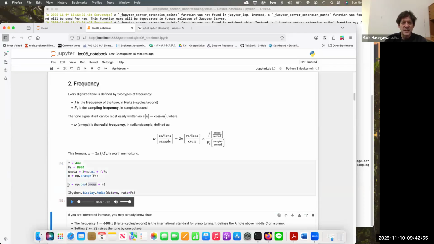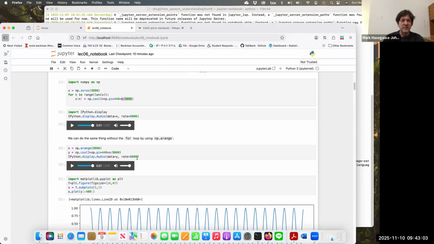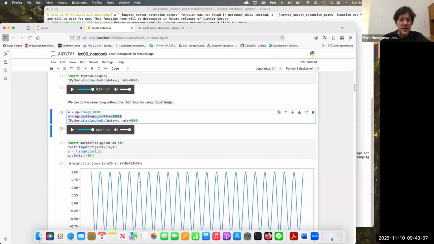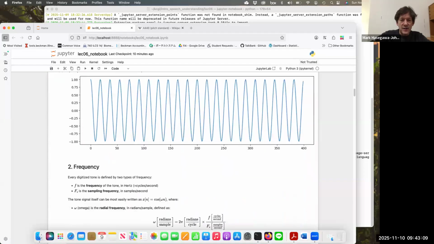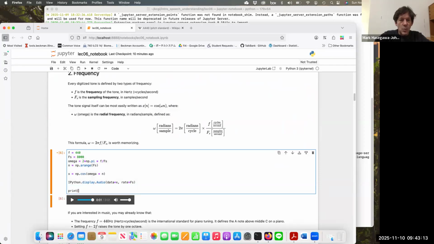So this line, x equals cosine of omega times n, is exactly the same as this one, y equals cosine of 2 pi times 440 times n over 8,000. In fact, if I print out x minus y, and then take the sum of x minus y, it should be basically 0.